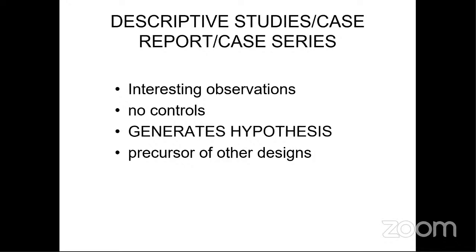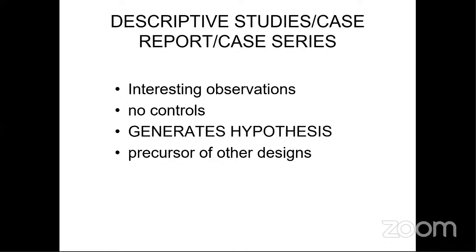So for example, when coronavirus went out, we initially did not know anything about this virus, how it affects people, etc., in various demographies. So each country or each population we look at is their racial predilection, is their comorbidity predilection, etc. If it's just one, it would be a case report.